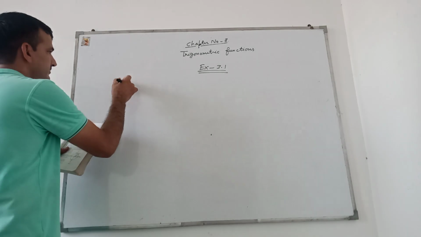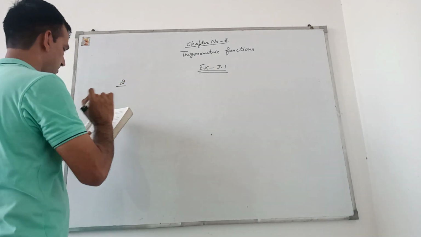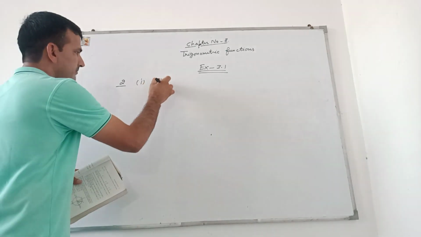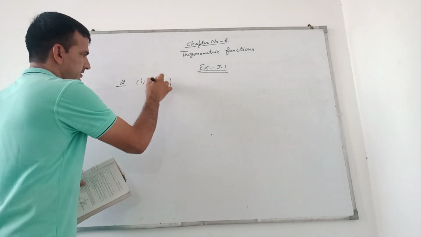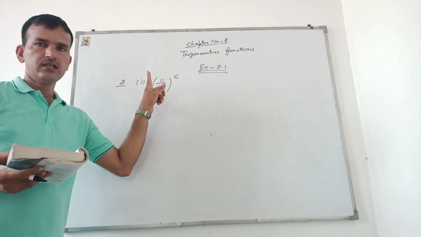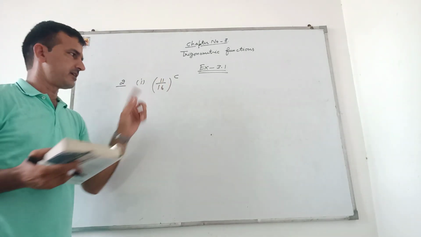Question number 2, we discuss first part, 11 by 16 radian. This is the radian, and we have to find the degree measure of this angle.